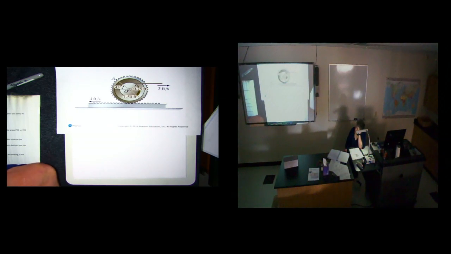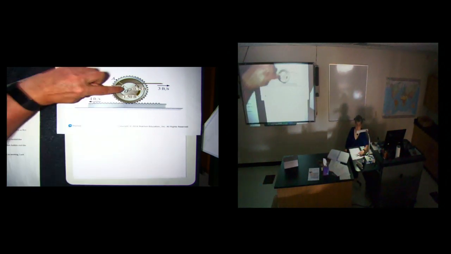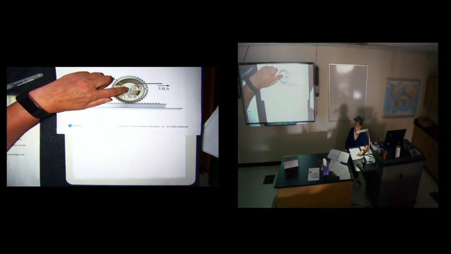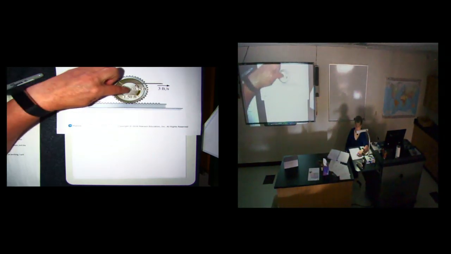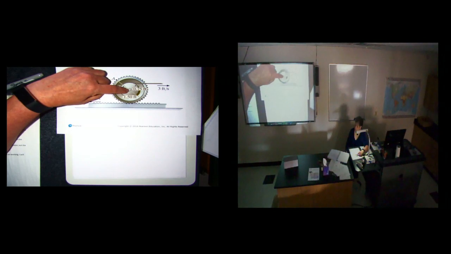Well, V of B is going to equal what's happening at V of C plus the rotation associated with that, and that's omega cross R of B relative to C, because I'm going to be rotating around this point.